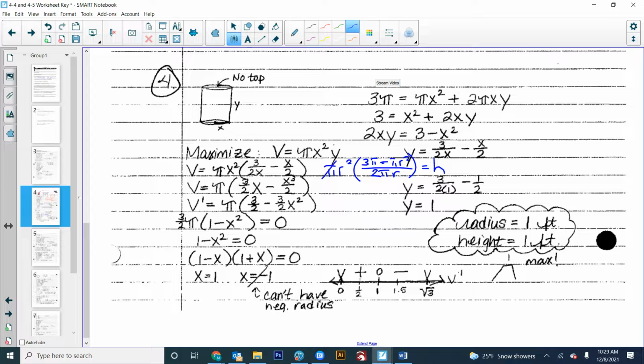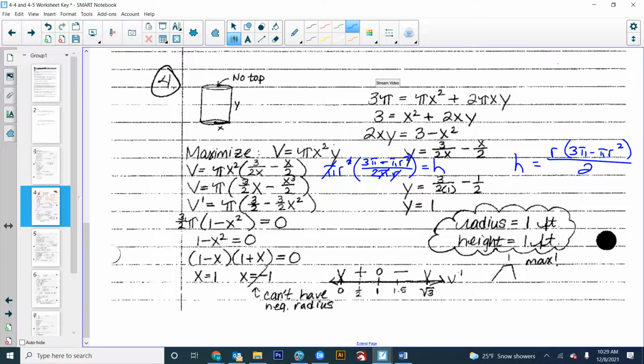This is where you can cancel the pi's, cancel one of the r's, and you have a choice. You can write r times parentheses 3 pi minus pi r squared over 2, or you could distribute that through and say 3 pi r minus pi r cubed. It's up to you. Doesn't matter.